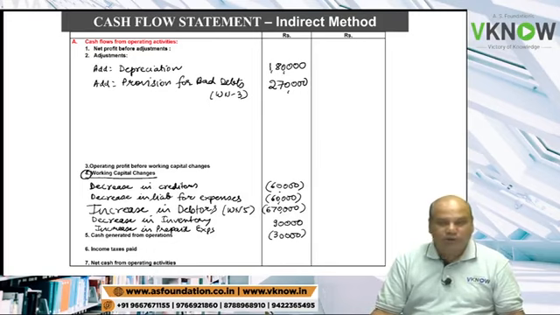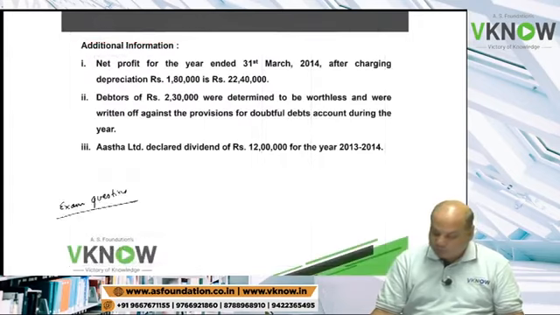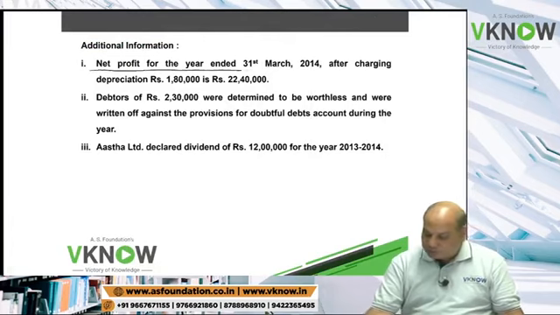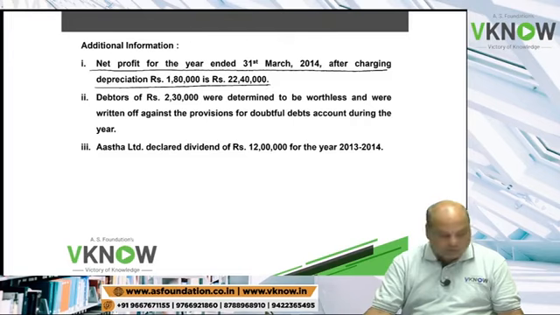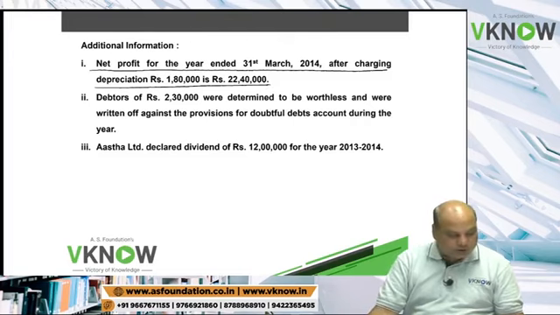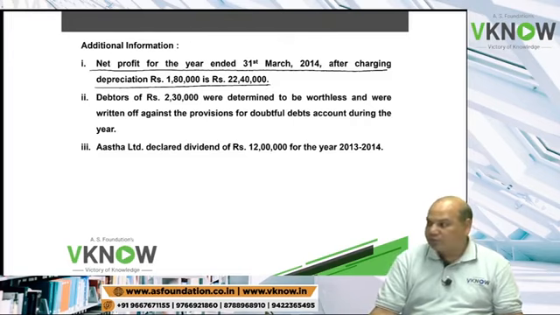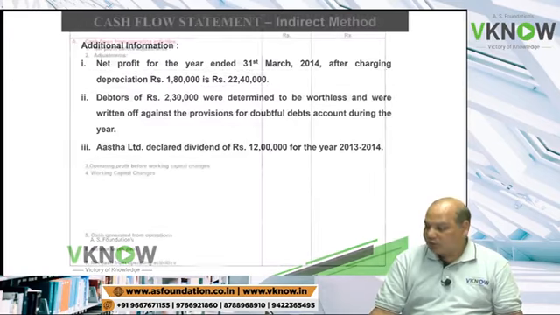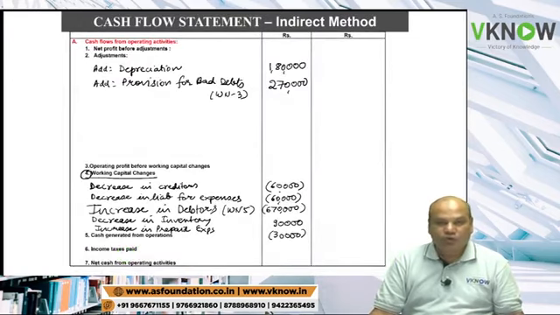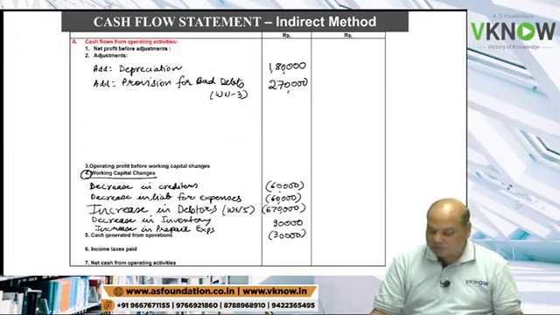Balance sheet items are over. Any query on balance sheet items? No query. What is your first adjustment? Net profit for the current year after charging depreciation is 22 lakh 40,000. So this I will write in cash flow statement point number 1.